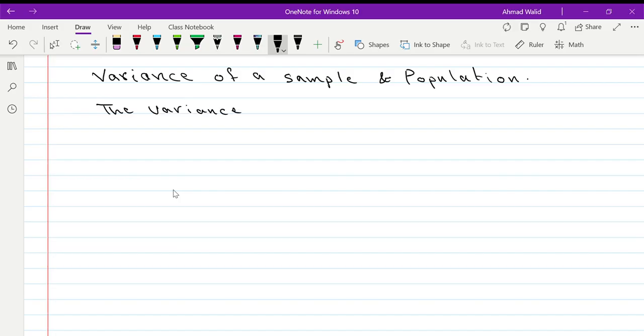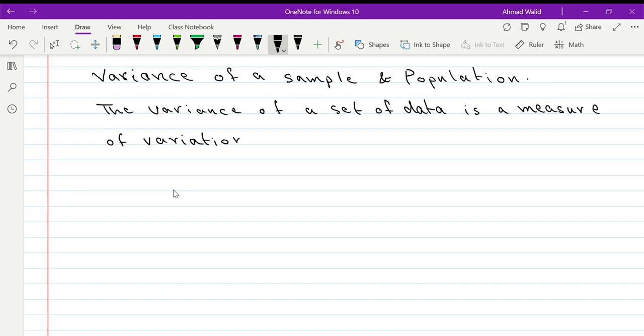of a set of data is a measure of variation equal to the square of the standard deviation.